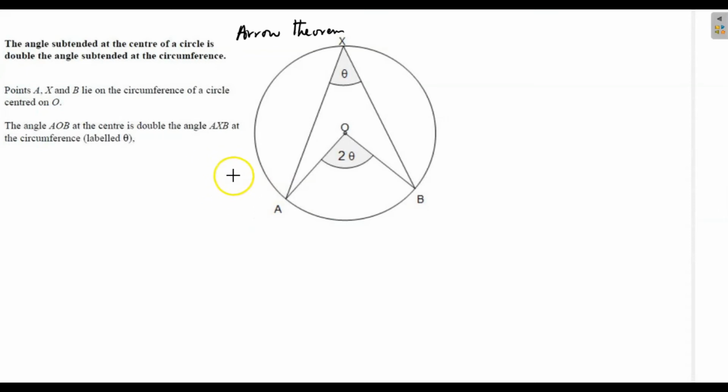So since we've been able to use the Geogebra software to verify the angle properties connecting angles at the center of the circle and that of the circumference, we are moving on to the next angular property.